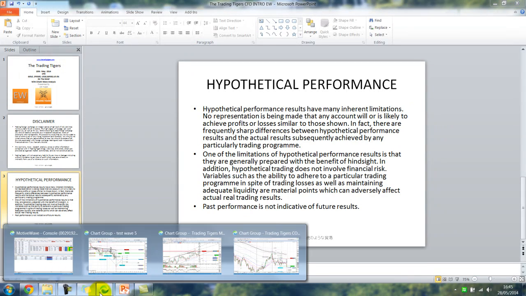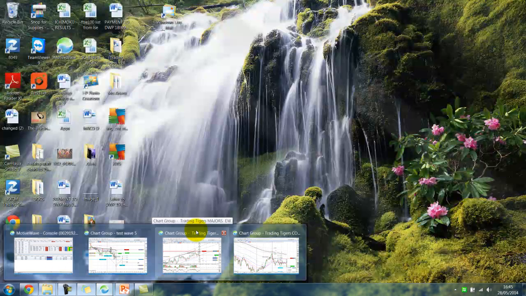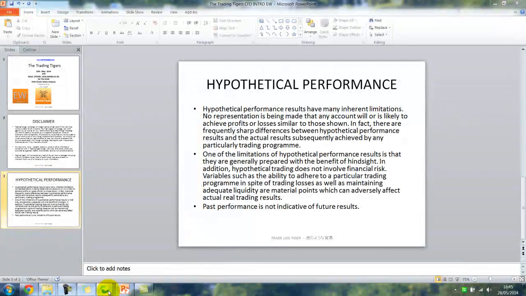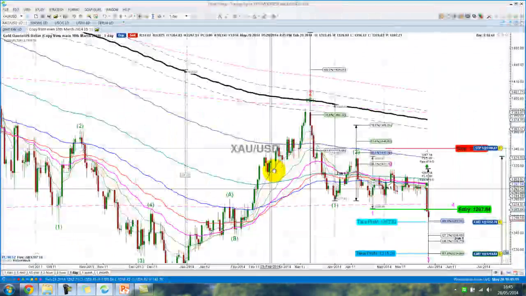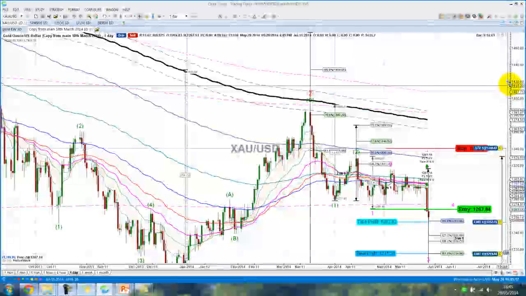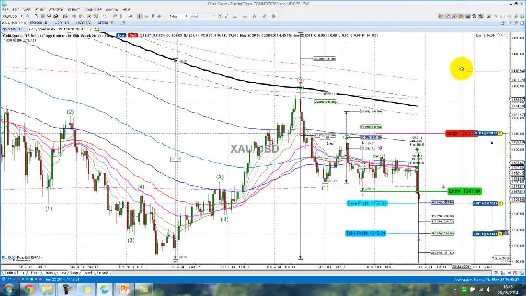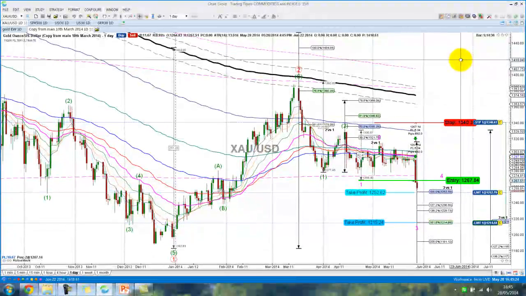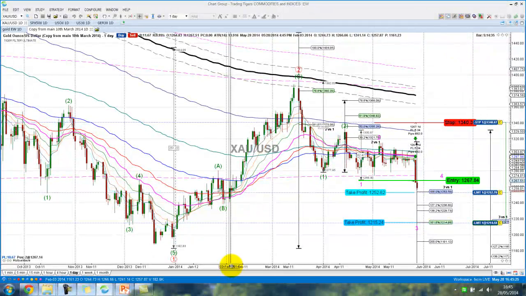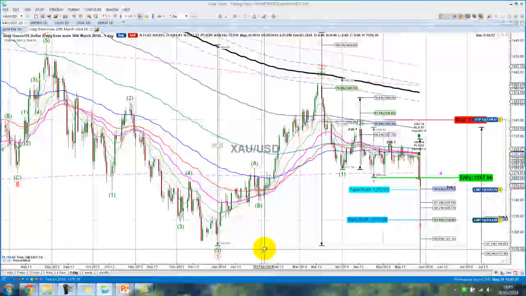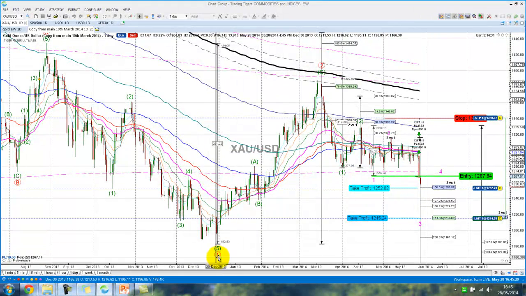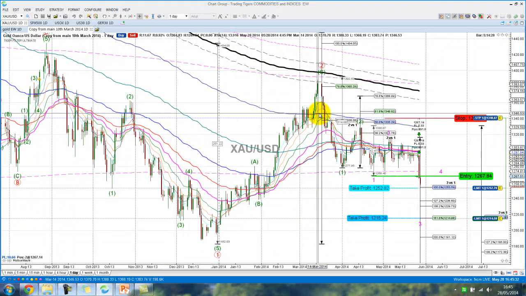So now let's look at some charts. Right. So here we have the gold chart on the daily time frame. As you can see, we've been following this, and we're currently now in a primary wave 3.